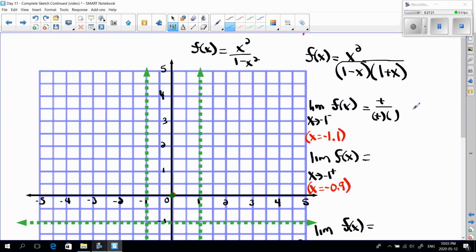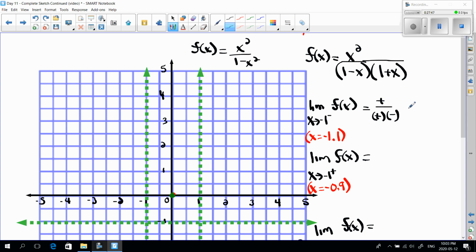All right, and this factor down here, that would be 1 plus -1.1. That would give me a -0.1. It's a small negative. Smaller if I pick something like -1.01. Now, if you divide a positive by a positive times a negative, well, that would give me a negative.